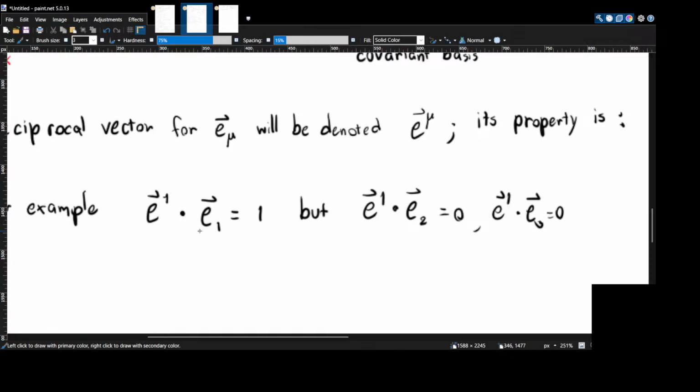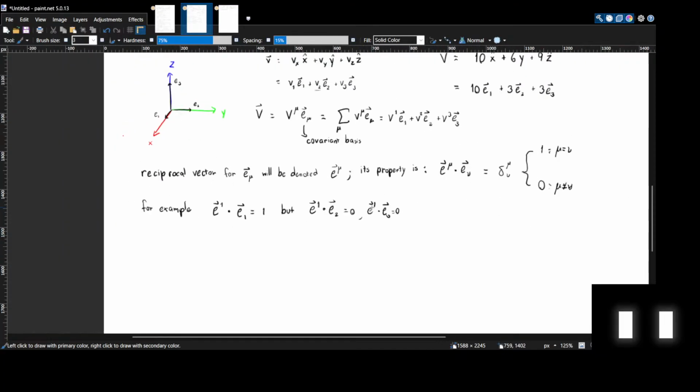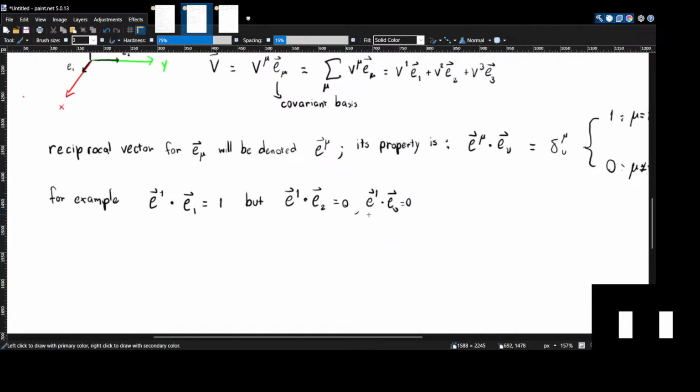So we have to find something that would make this be true. So first of all, from this fact, because E1 and E2 dotted with each other equals 0, and E1 dotted with E3 equals 0, we can immediately infer that E1 is perpendicular to E2, and E1 is also perpendicular to E3.